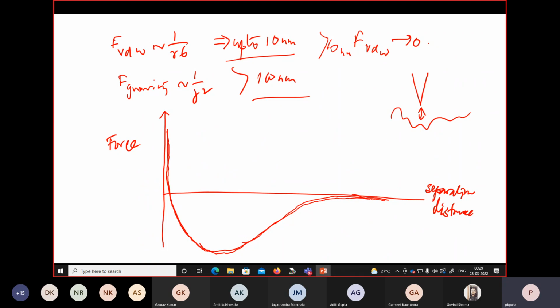As we bring this tip much closer, you will get an attractive force between the atom on this tip and the atom here. This is what we often call the attractive regime.